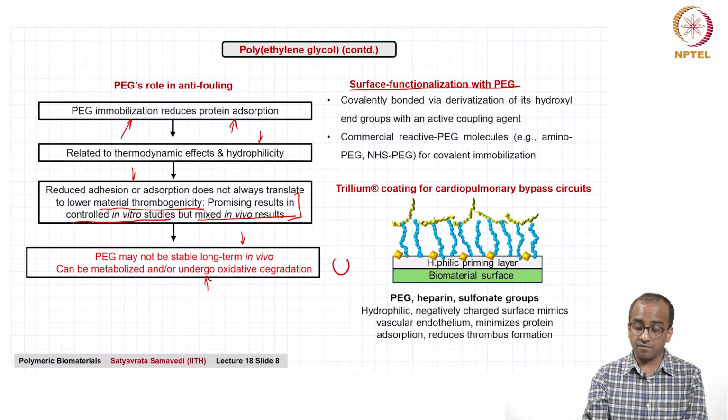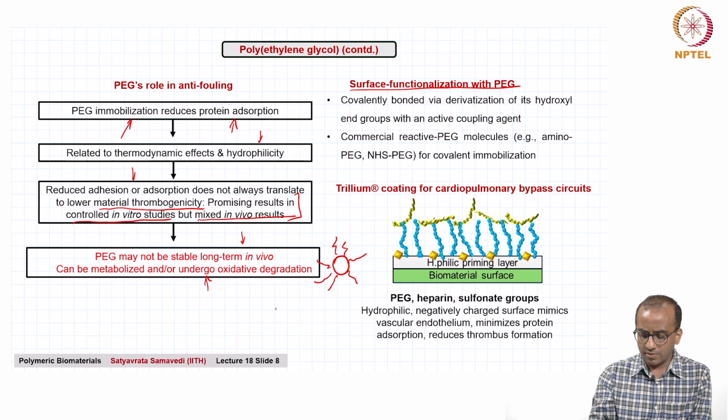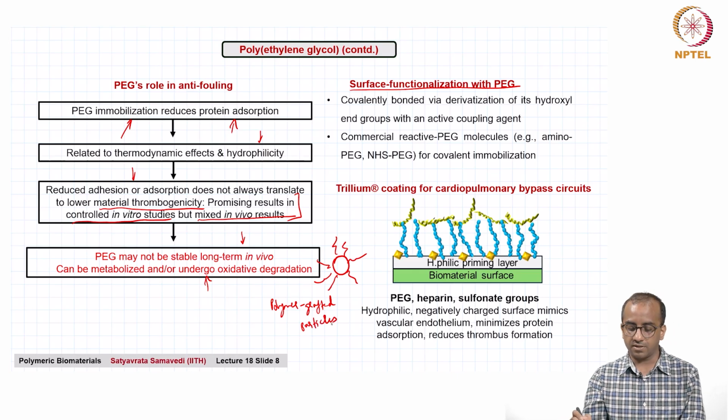You can also have microparticles or nanoparticles that are grafted with PEG chains. These are what are called polymer grafted particles, and they have a variety of applications in biomedical engineering. So, their curvature effects will also play a role, which we are not accounting for here in flat surfaces.